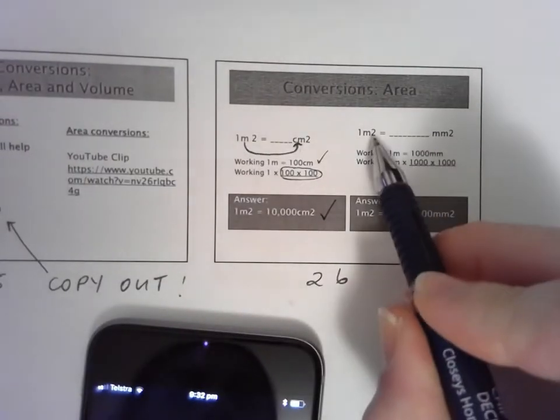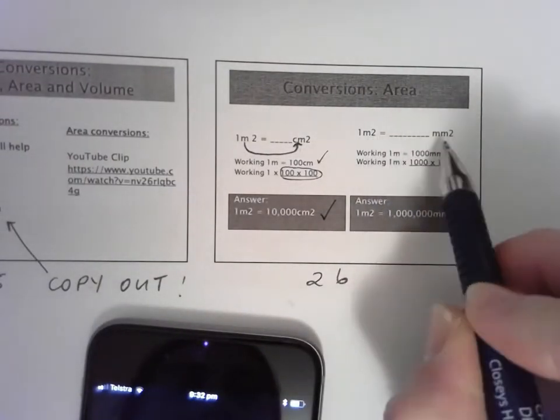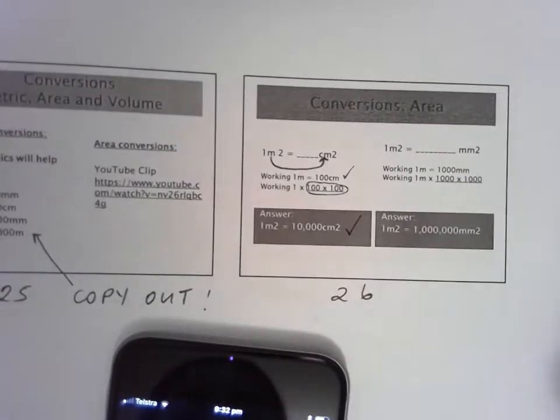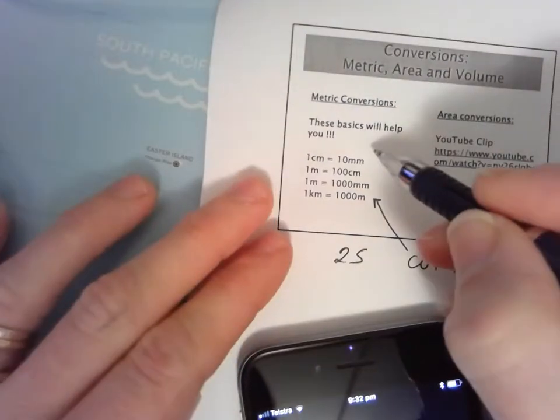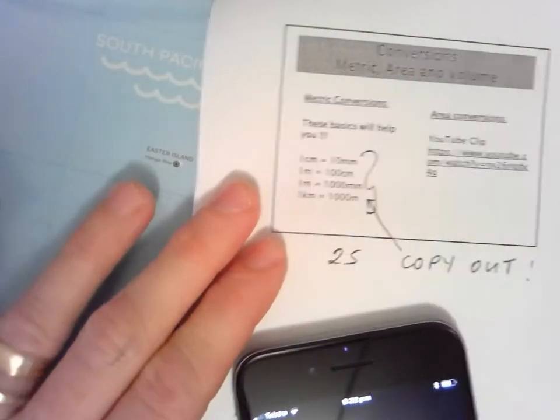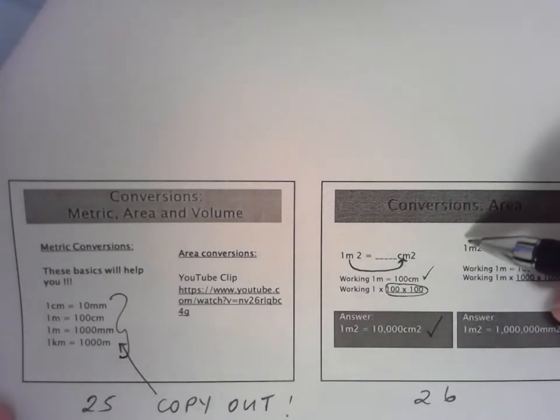Alright, if we're going metres to millimetres, there's a couple of ways you could do this. I might pretend that you haven't been able to learn the magic numbers. So the way you could do this one is convert it to centimetres first.